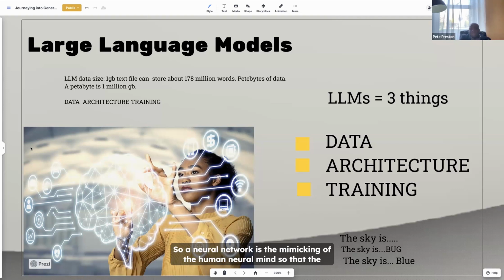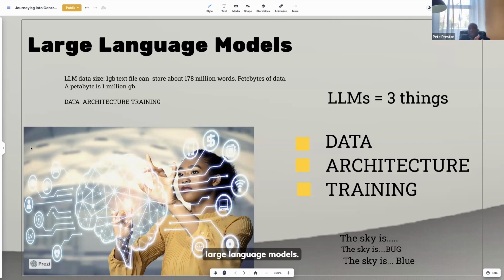A neural network is the mimicking of the human neural mind, so that machines can try to simulate or mimic how the human mind works. So the architecture is based on the neural network. But for GPTs, which is where ChatGPT comes in with the large language models, this architecture is called transformers.